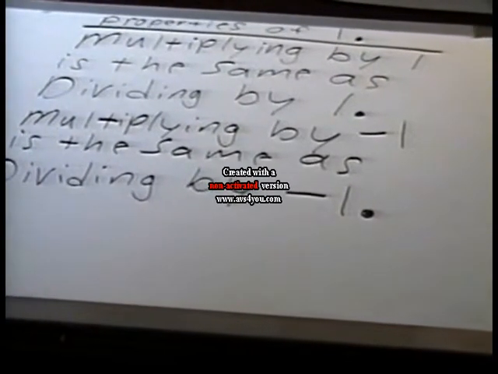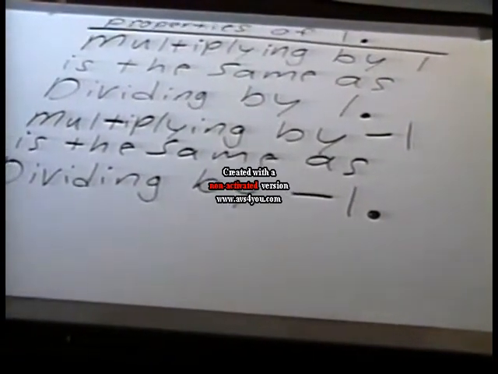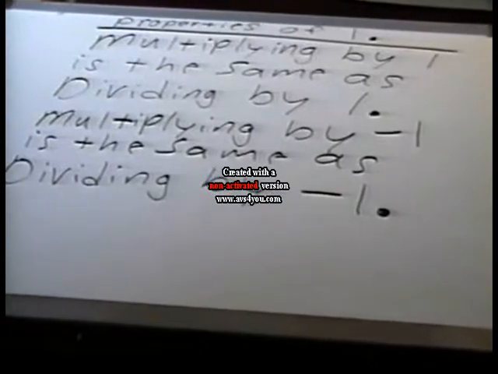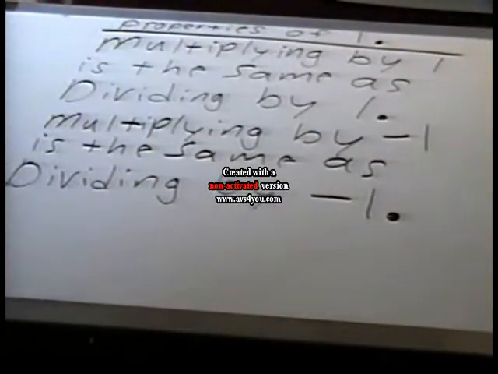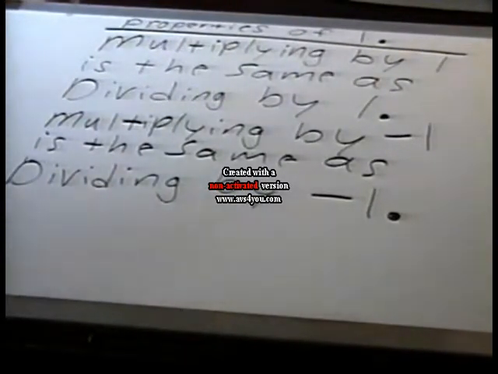So, b divided by negative 1, and then we do both terms here, both b and c.